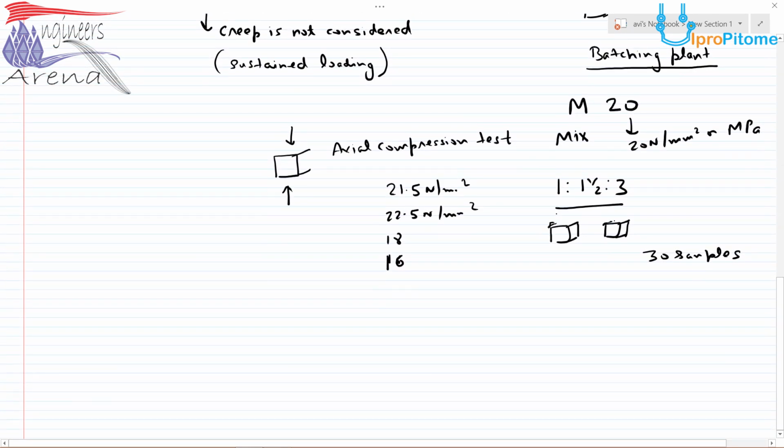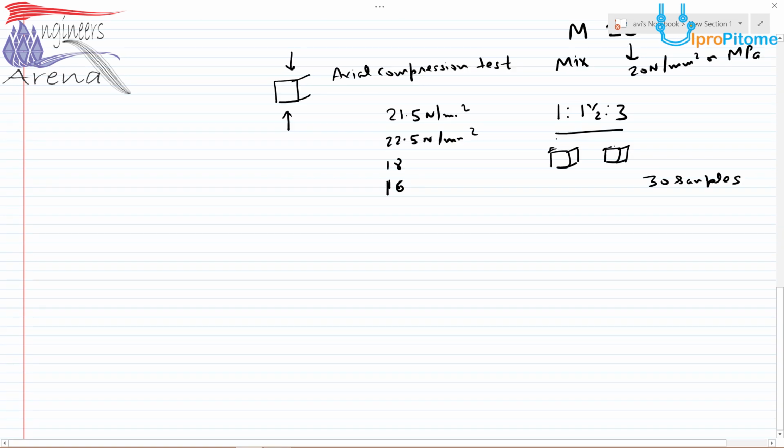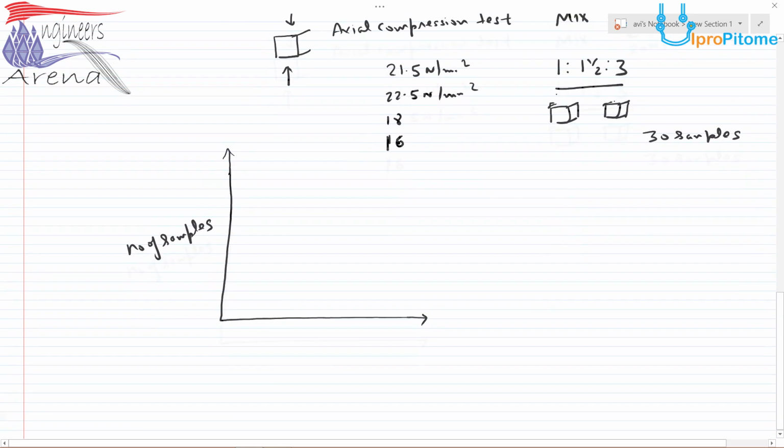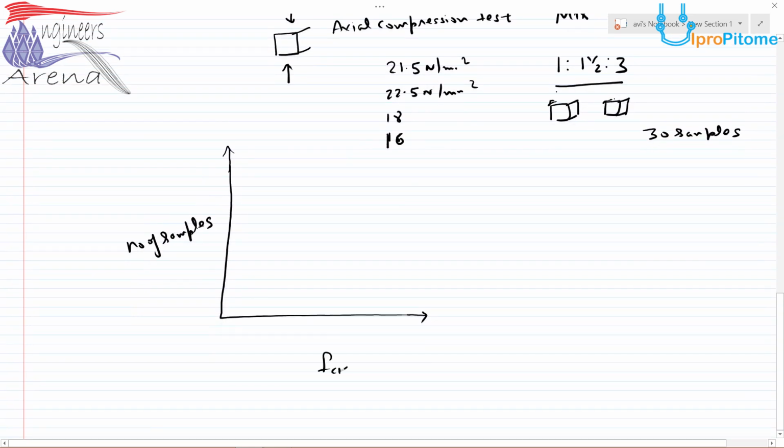So you have come up with the result. Suppose you have tested 100 samples and you come out with these results. Now you plot a graph. On the y-axis is the number of samples which you are taking, and here it is FCK. We draw a graph like this.